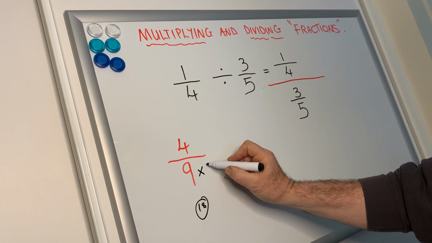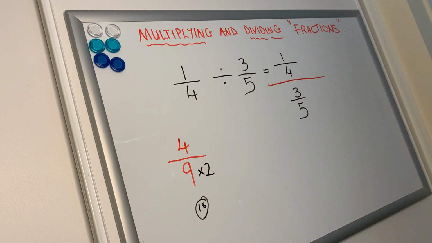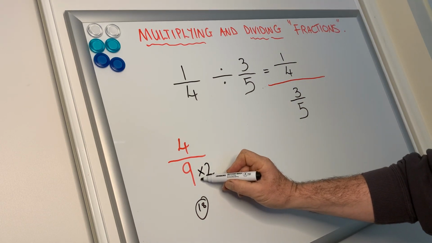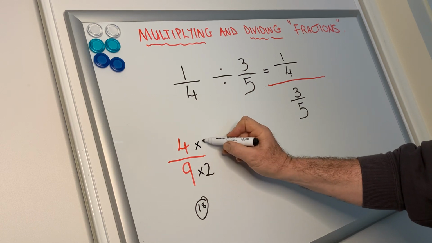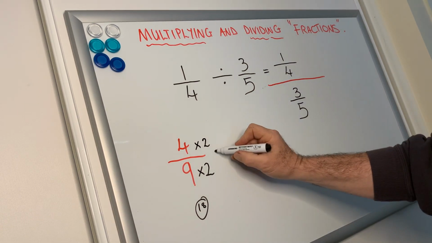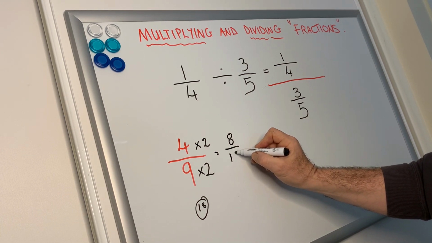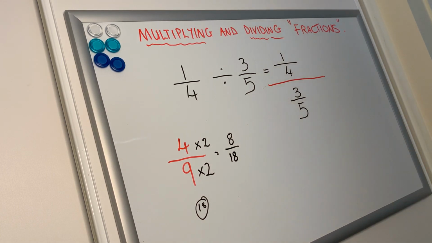I would times the denominator by 2, but remember, when we multiply the denominator by 2, we must also multiply the numerator by 2. So that would equal 8 over 18. Just to keep that in mind for this exercise here.